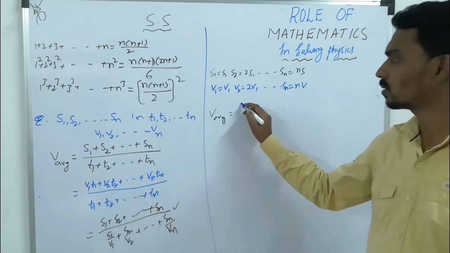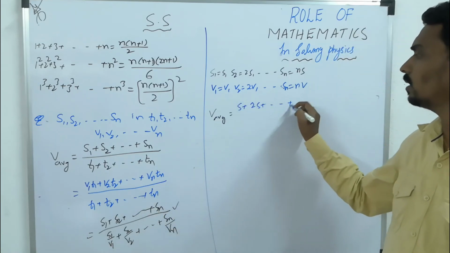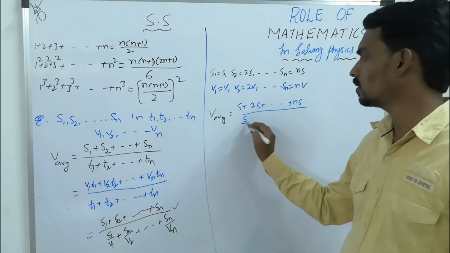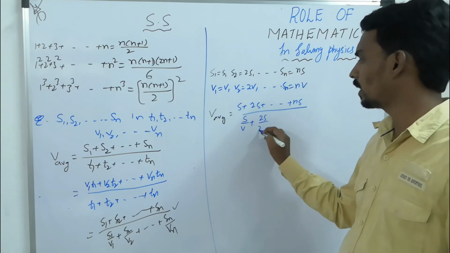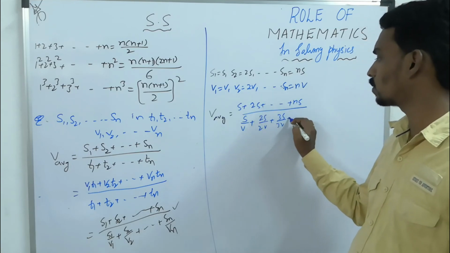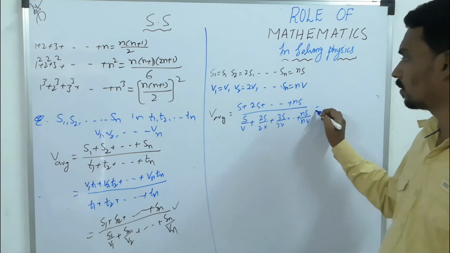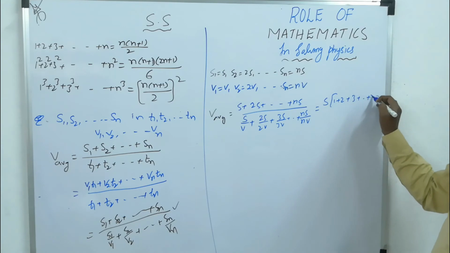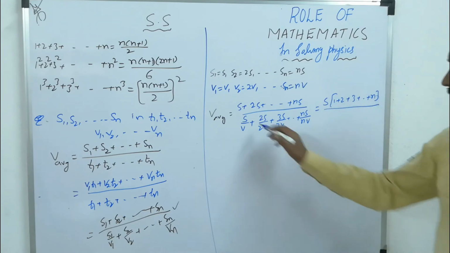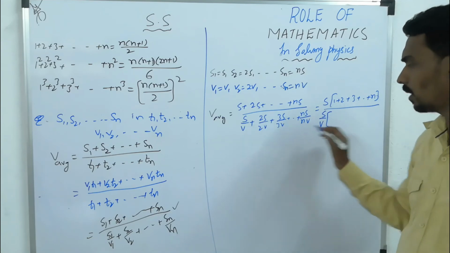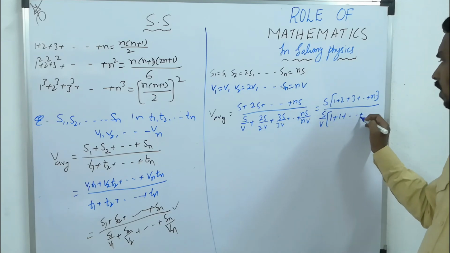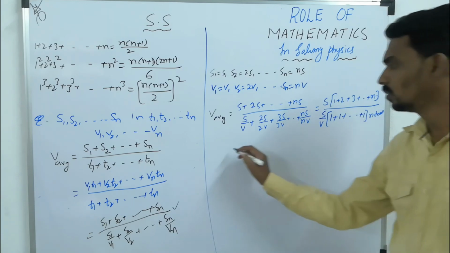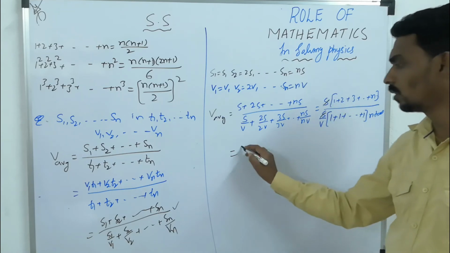What is s1 plus s2? s plus 2s plus so on up to ns, divided by s by v plus 2s by 2v plus 3s by 3v, and so on up to ns by nv. Here you take s common: 1 plus 2 plus 3 plus so on up to n, whole divided by s by v times (1 plus 1 plus so on, 1, how many times? n times). Now s gets cancelled, and v goes up.